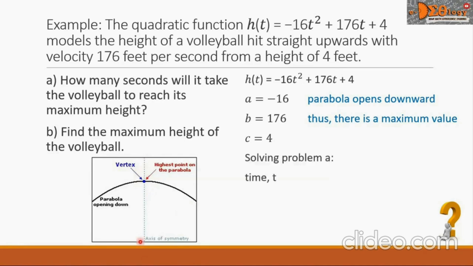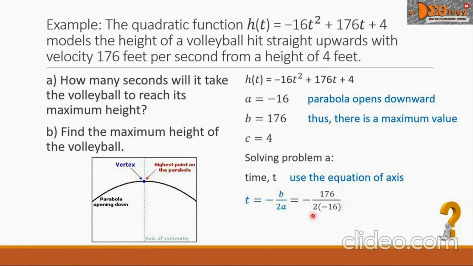Now, let us solve for a, and that is finding the time t. In here, we're going to use the equation of the axis of symmetry. And the formula is t equals negative of the fraction b over 2a. Substituting the values, we have the negative of b, which is 176, all over the constant 2 multiplied by a. And our a is negative 16.